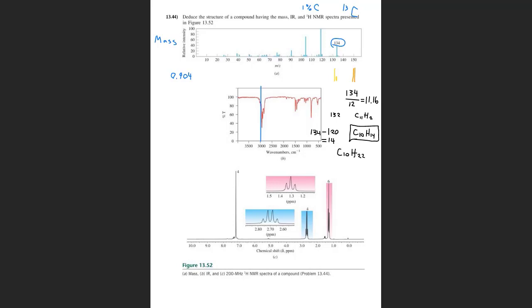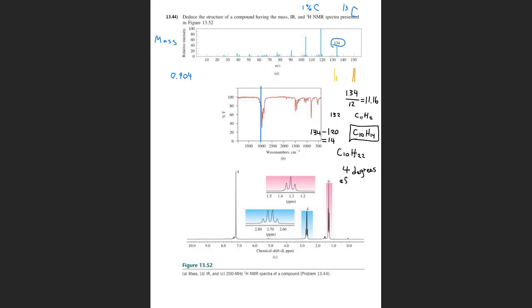So how many hydrogens are missing here? 8. And if you take the amount of hydrogens that are missing and divide it by 2, that gives you the degrees of unsaturation. So exactly 4 degrees of unsaturation. A degree of unsaturation can be a double bond or a ring. It could be 4 double bonds, 4 rings, or any combination of the two.